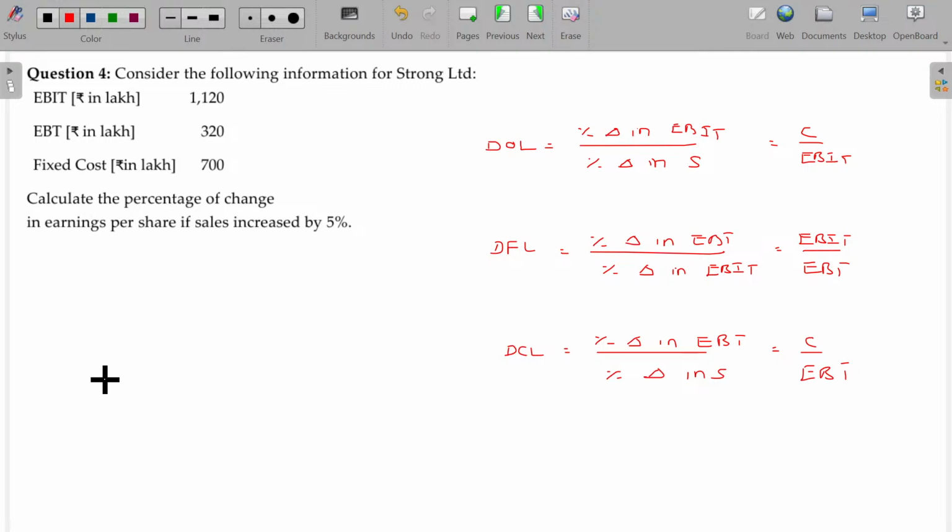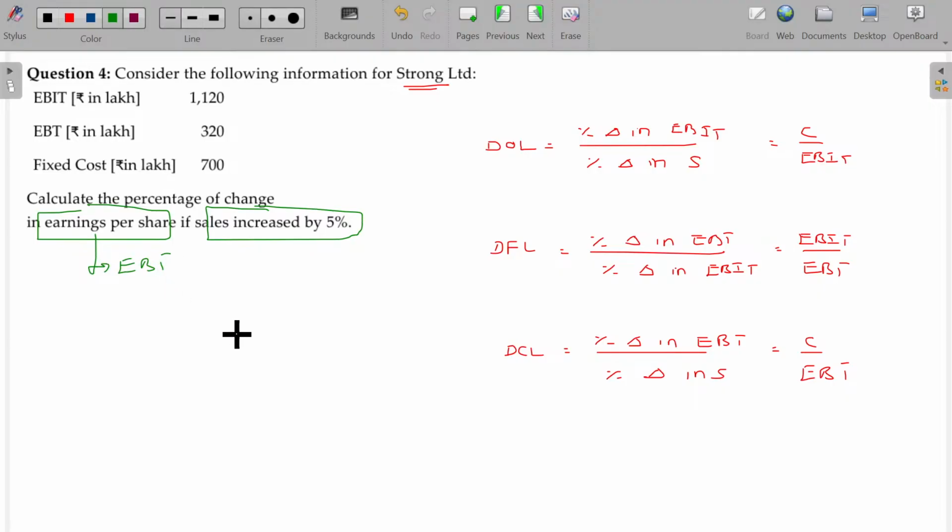Consider the following information for Strong Limited. You have been given EBIT, EBT, fixed cost. Calculate the percentage change in earning per share if sales increased by 5%. Change in earning per share is nothing but change in EBT, right?